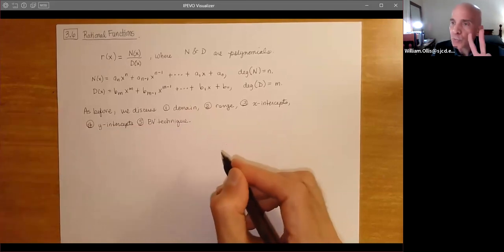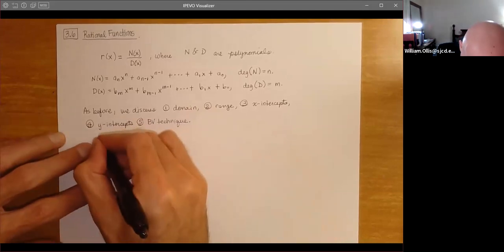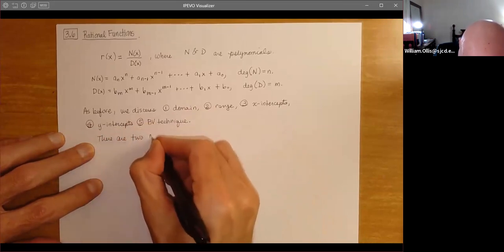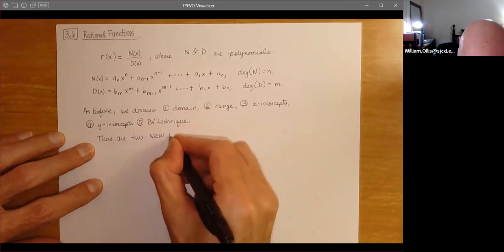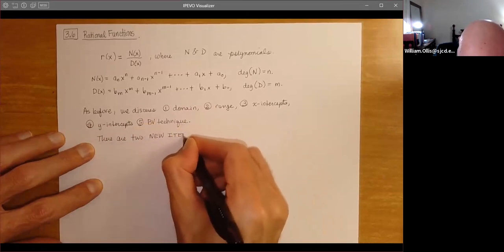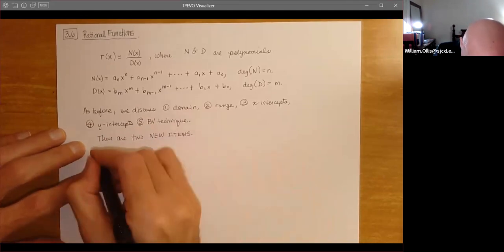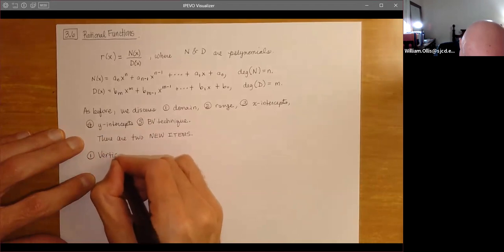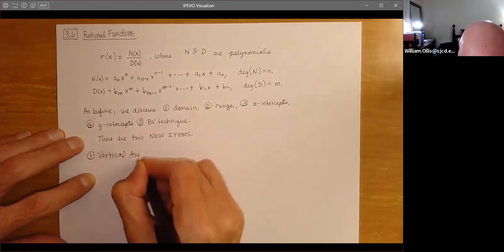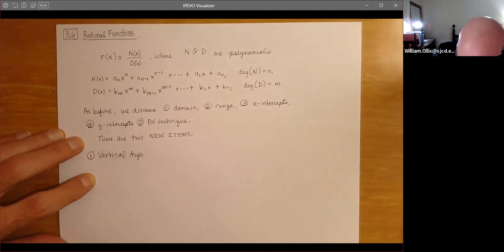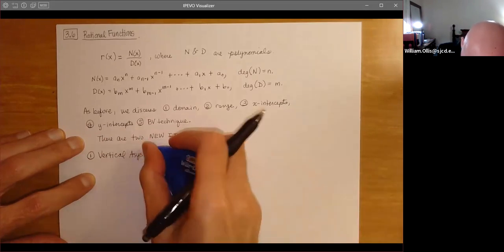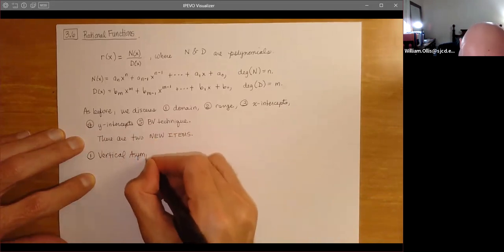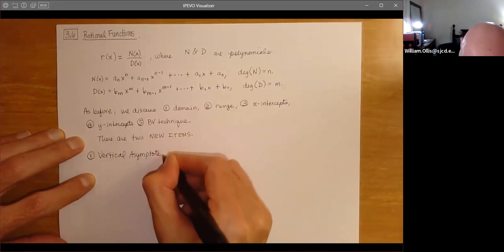Now, there are two new items. These are actually termed asymptotes. Number one, we have the vertical asymptote. Oh, too many S's. Let me get rid of this. Asymptote, and then the horizontal asymptote.